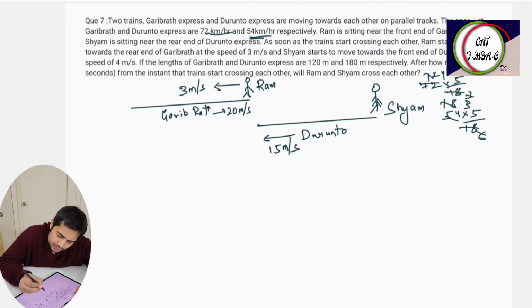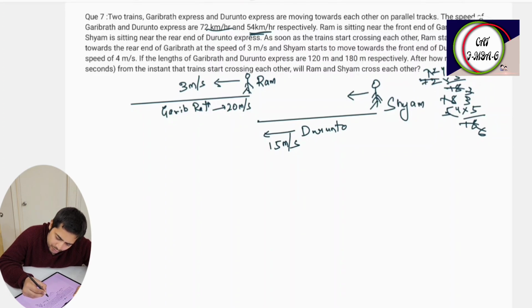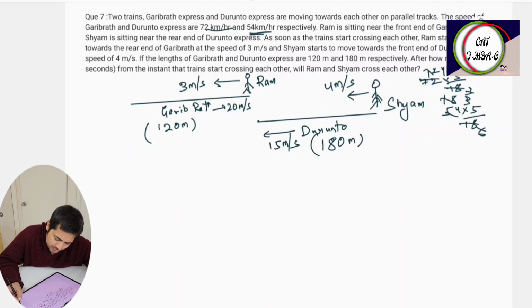Sham starts to move forward toward the front end of Duranto at 4 meter per second. If the lengths of Garib Rath and Duranto are 120 and 180 meter respectively, how much time from the instant the trains start crossing will Ram and Sham cross each other?